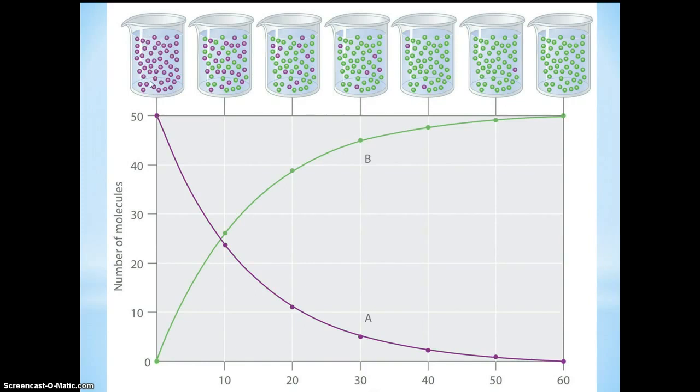But when time goes by, the concentration of the reactant A will simply drop until 0. In reverse, B, the product, is 0 at the very beginning. As time goes by, the concentration of the product increases until it reaches a maximum point, and then the reaction simply stops here.